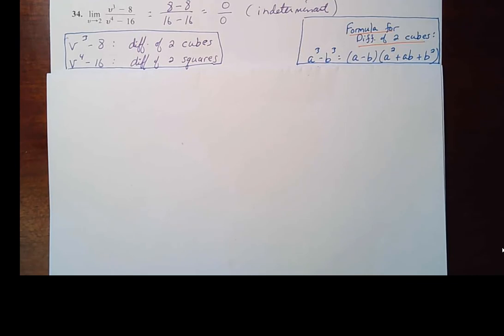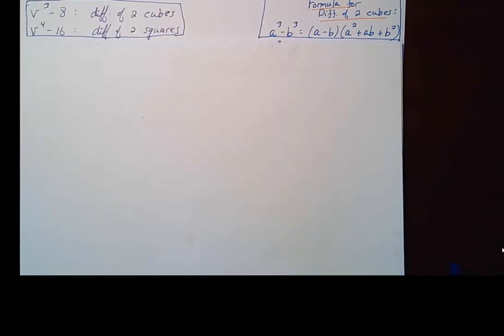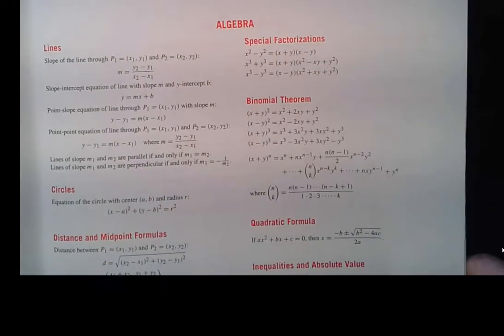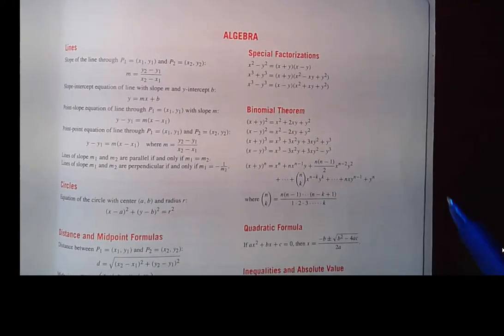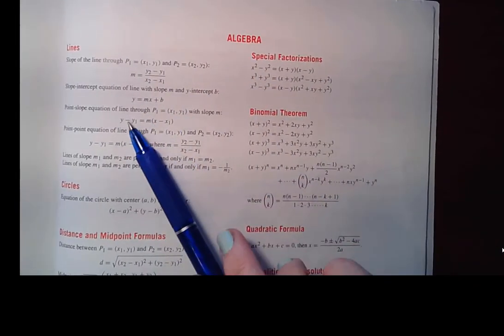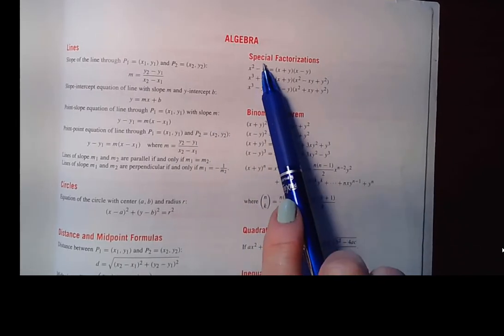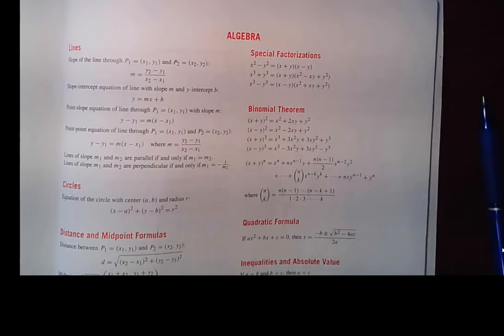By the way, just a side note, I want to point out to you here in the back of the textbook, if you happen to have a hard copy of the textbook, or online for that matter, you will have a formula chart on algebra. Here's your special factorizations.